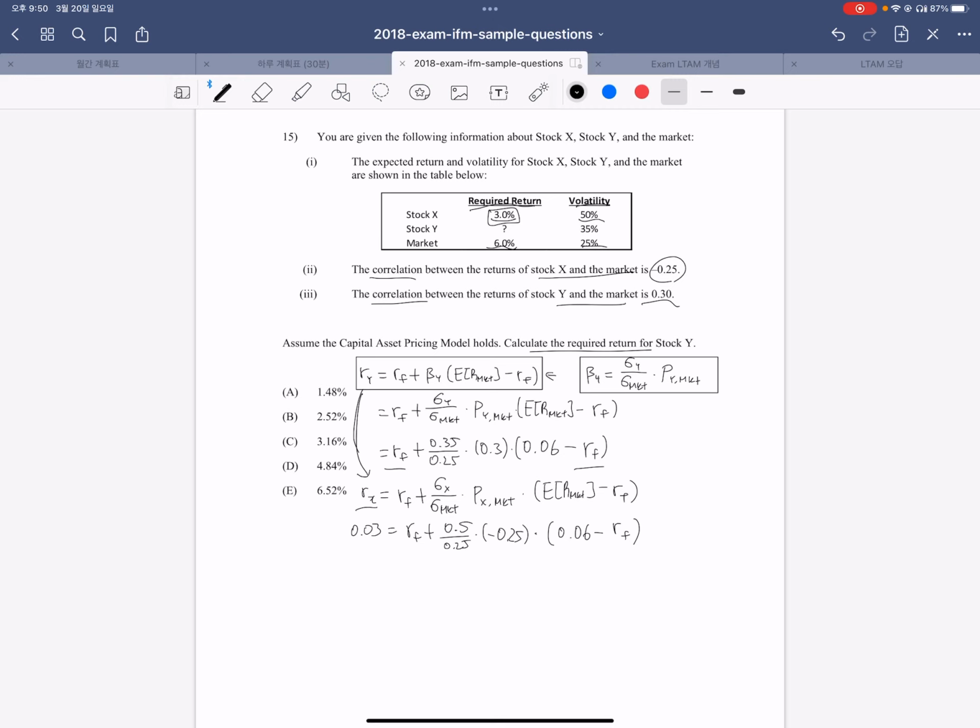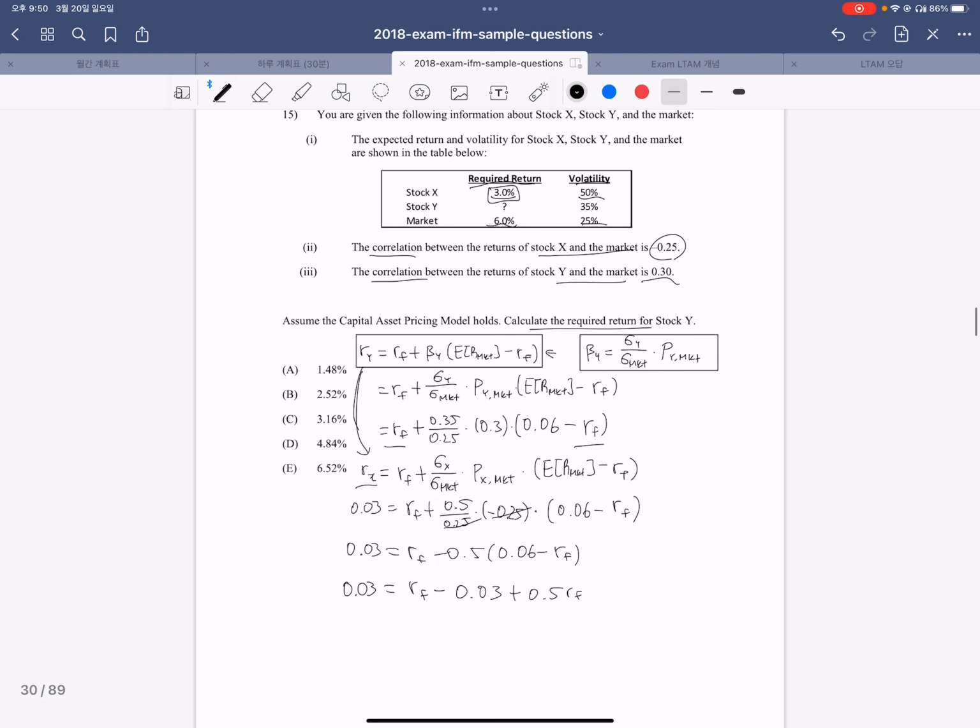And by calculating this, these two cancel out. So 0.03 equals RF minus 0.5 times (0.06 minus RF). And this equals negative 0.03 plus 0.5 RF.